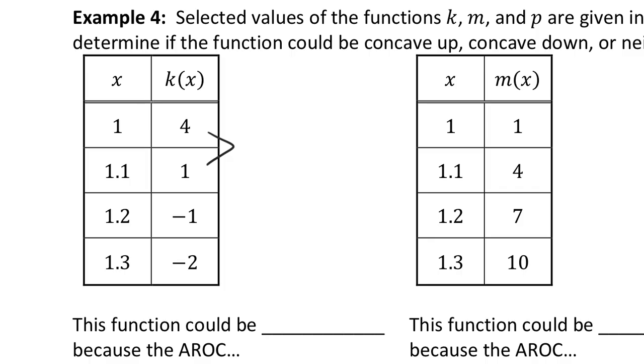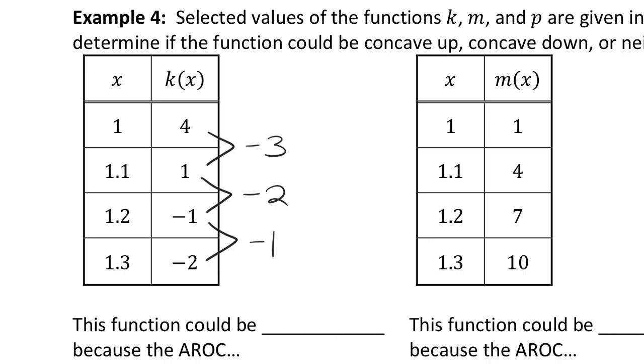So what is the difference between 4 and 1? 3, and it's down, right? How about between 1 and negative 1? Down 2. How about between negative 1 and negative 2? Down 1 more, right? Okay, that would be my rate of change because over consecutive equal length input value intervals, that's the change in the function.